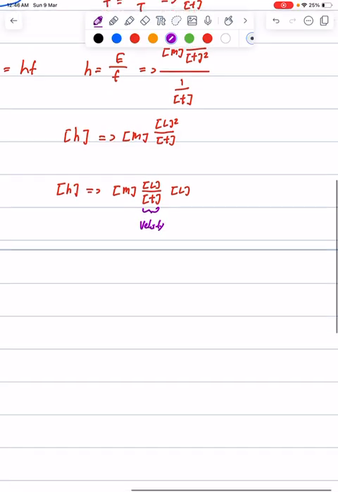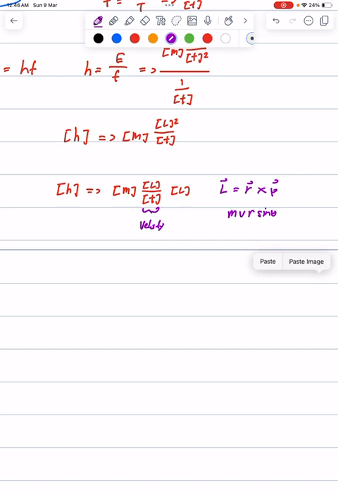And as you recall, angular momentum, r cross p, also has the same units because, for example, it's going to be m v r sine theta, where r has units of length, v has units of velocity, and m, of course, is mass.